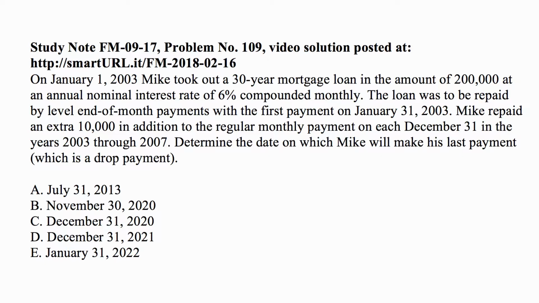Note also that he made 5 additional payments in the years 2003 through 2007. Don't be confused that it's 4, because 2007 minus 2003 is 4. That's true, but that's not counting all points at which he makes the payments.